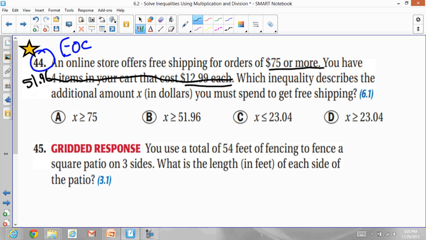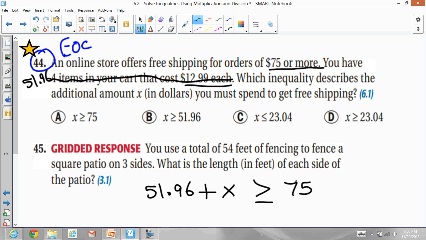So you have ordered for $51.96. So the question is $51.96 plus the additional X amount of money that you have to order, and together they must be greater than or equal to 75. So this is the inequality you need to get.